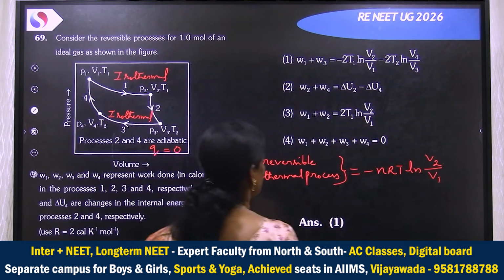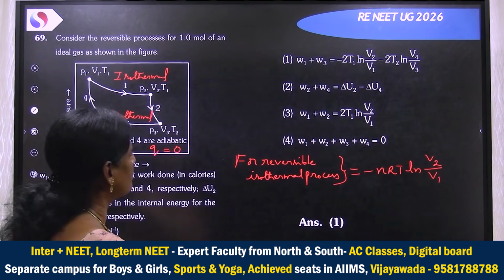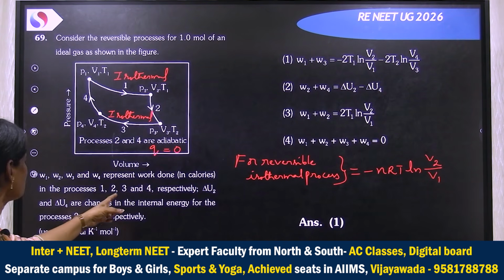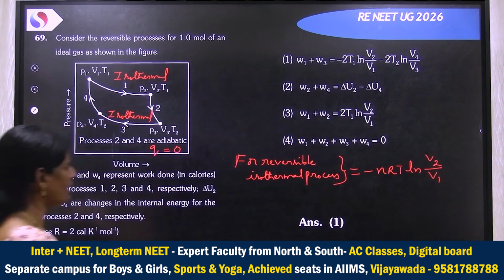This is the formula. The number of moles is given as 1 mole, and R is 2 calories per Kelvin per mole. The question: W1, W2, W3 and W4 represent work done in calories in processes 1, 2, 3 and 4 respectively. Delta U2 and delta U4 are changes in the internal energy for processes 2 and 4 respectively. We have to find the correct option.